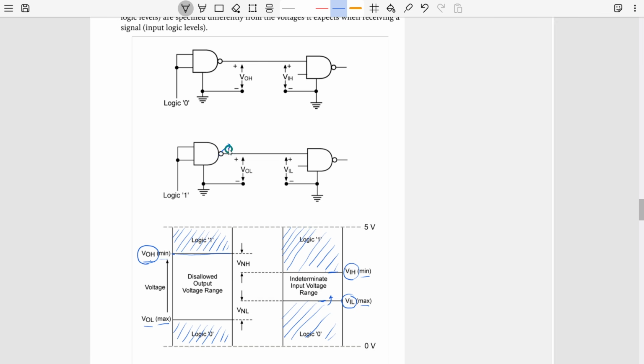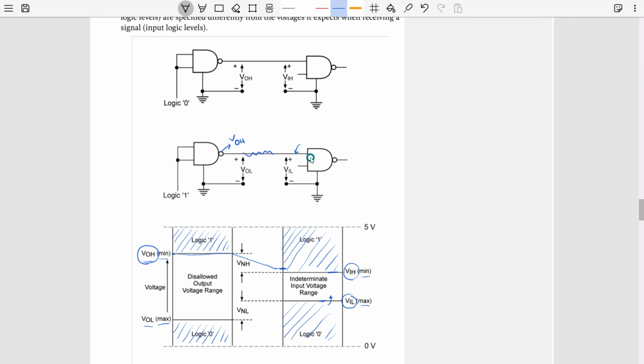So if this particular gate is actually outputting VOH, and because of some noise it can drop to a certain lower value. It will drop like that. And if it drops like that, if not so much noise is being added here, maybe still it will reach the input of the next gate. Understand? Still it will be recognized as a valid high signal by the next gate.